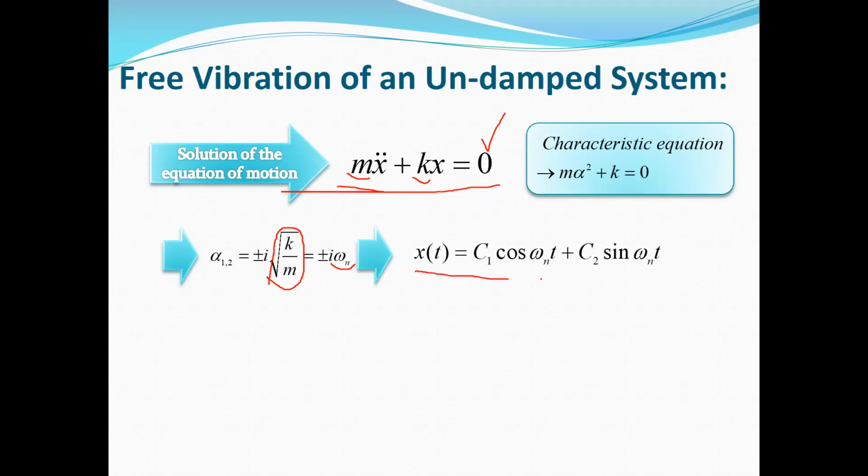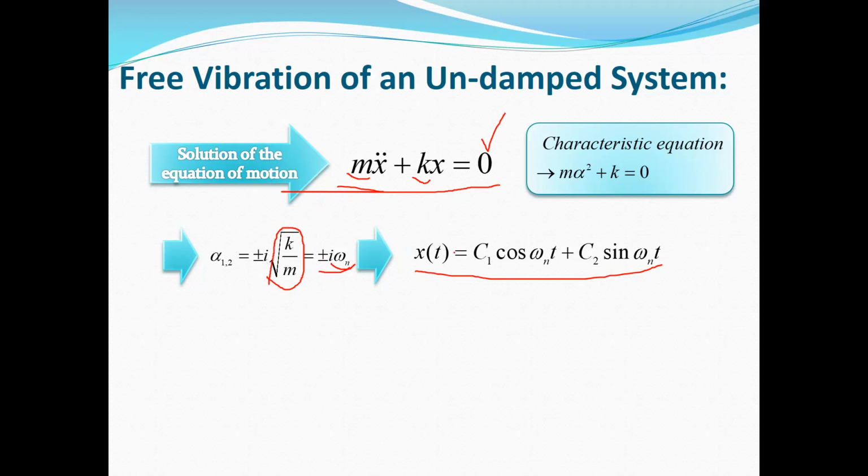And how can we extract this response from these roots? You know from the previous part, in the revision of ODEs, when alpha 1 and alpha 2 are a complex conjugate pair, the response x is equal to the exponential of the real part, which here is 0.